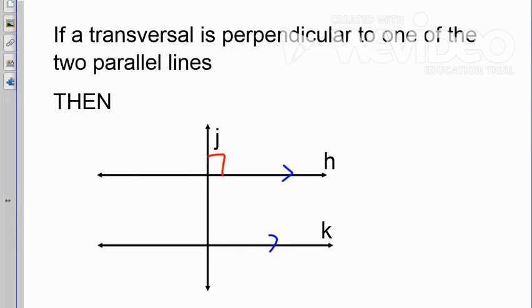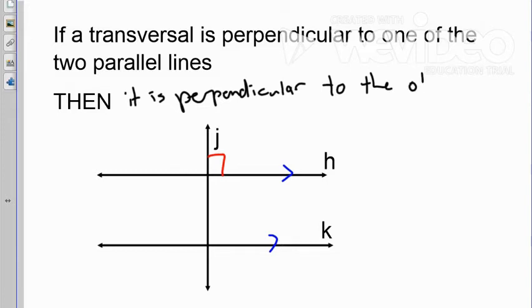What this is basically saying is, if a transversal is perpendicular to one of the two parallel lines, then it is perpendicular to the other. So guys, basically what that's saying is, using our corresponding angles theorem here, knowing that we have two parallel lines H and K, and that first intersection is perpendicular, then the second one must also be perpendicular.